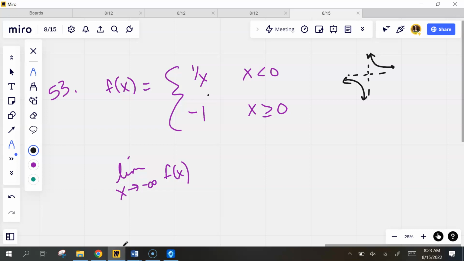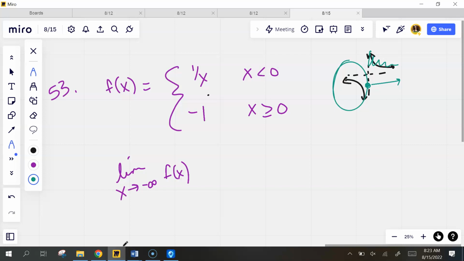So the limit as I approach -infinity, the first thing I need to do is decide which function I am looking at, the first one or the second one? The first one, because it's -infinity, and this is less than, right? Remember, because this is less than, I'm only looking at this side of the graph. Once it goes past there, it's -1. Yes?